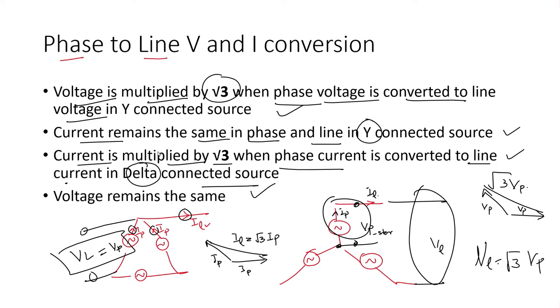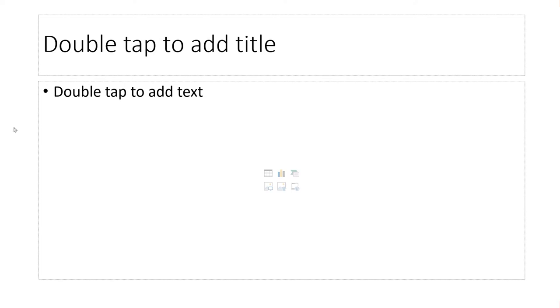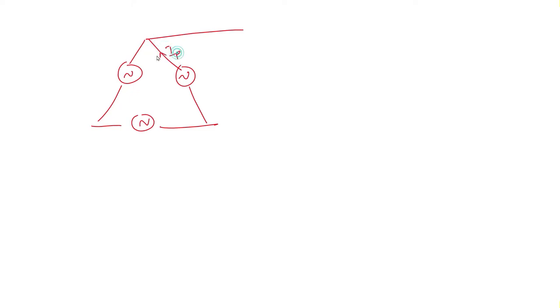Let me revise it a bit quicker. Let's say this is our delta connected source. This is our IP, and this is our IP at angle 120 degrees.